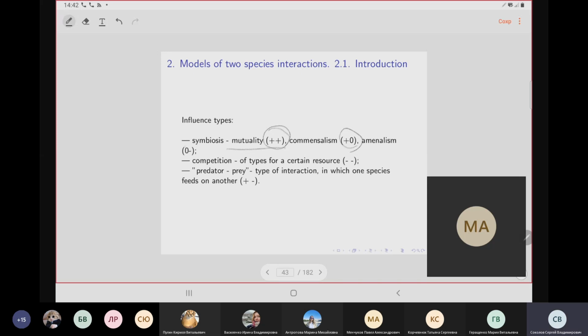A much more common situation is amensalism. What does it mean? It is neutral for the first population and bad for the other population. The main example is the human population.